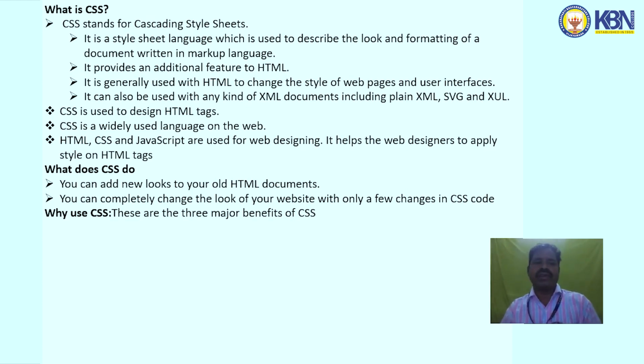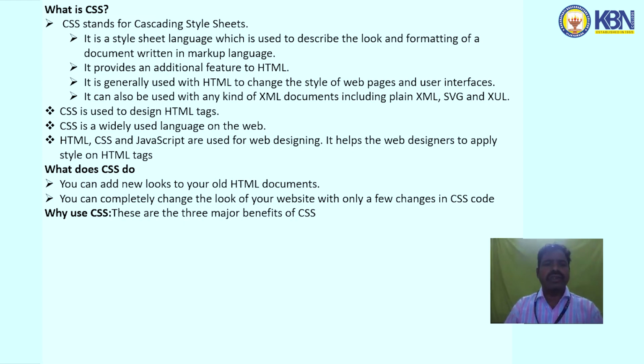It is generally used with HTML to change the style of web pages and user interfaces. It can also be used with any kind of XML document including plain XML, SVG and XUL. CSS is used to design HTML tags.